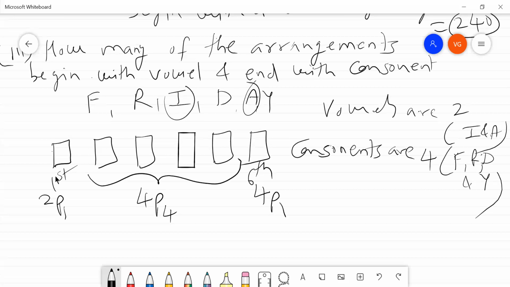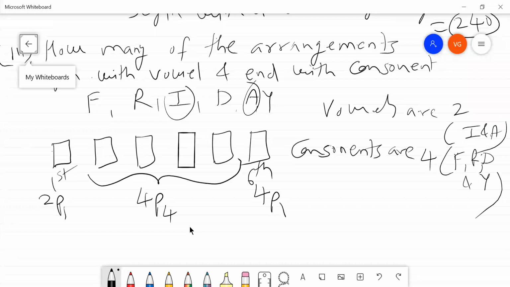That can be done in 2P1 different ways. The last place, that is the 6th place, I have to fill by a consonant, and there are 4 consonants. So the last place can be filled in 4P1 different ways. The remaining 4 places can be filled by the remaining 4 letters in 4P4 different ways.